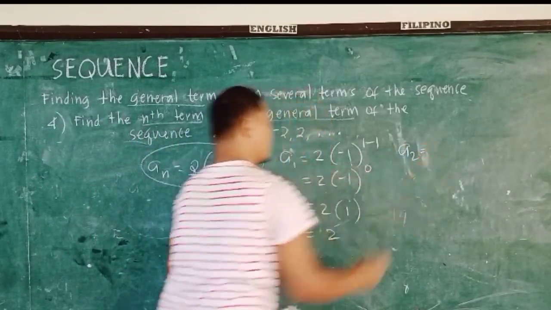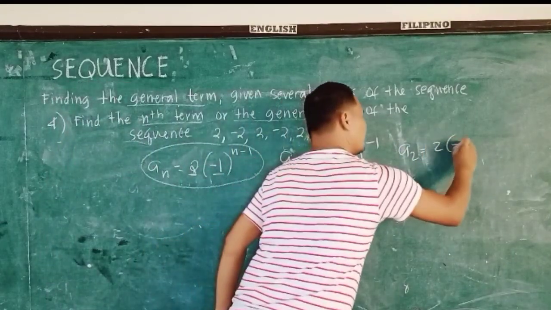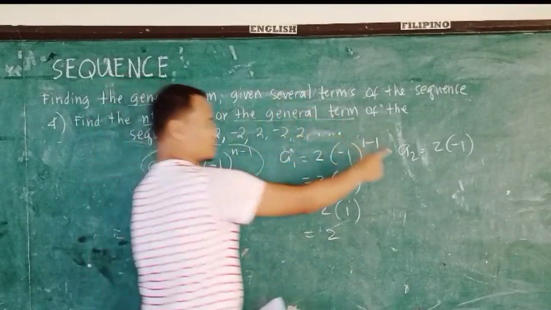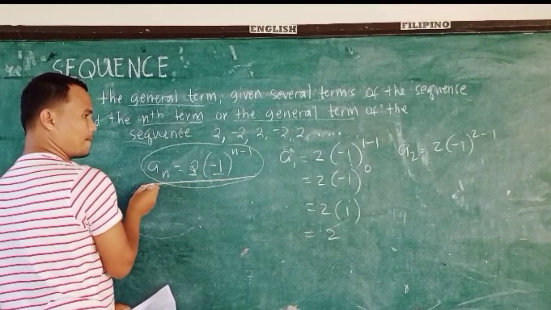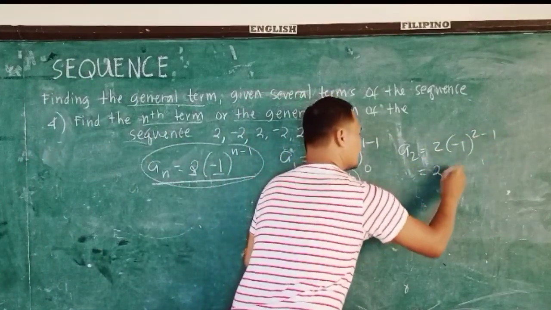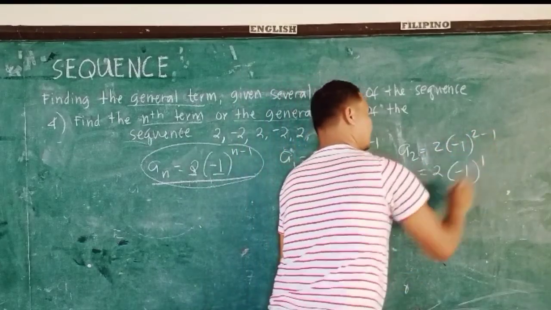A sub 2 equals: copy 2, copy negative 1, then substitute the value of n, which is 2. So 2 minus 1. We are using this one. Okay, n minus 1. So yeah, 2 minus 1. Copy 2, copy negative 1, quantity, then subtract, that's 1.